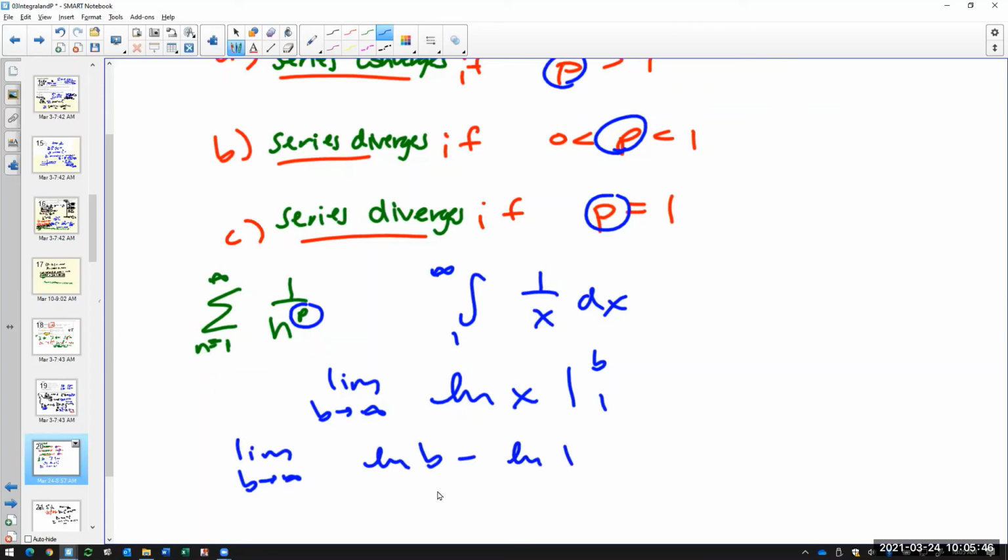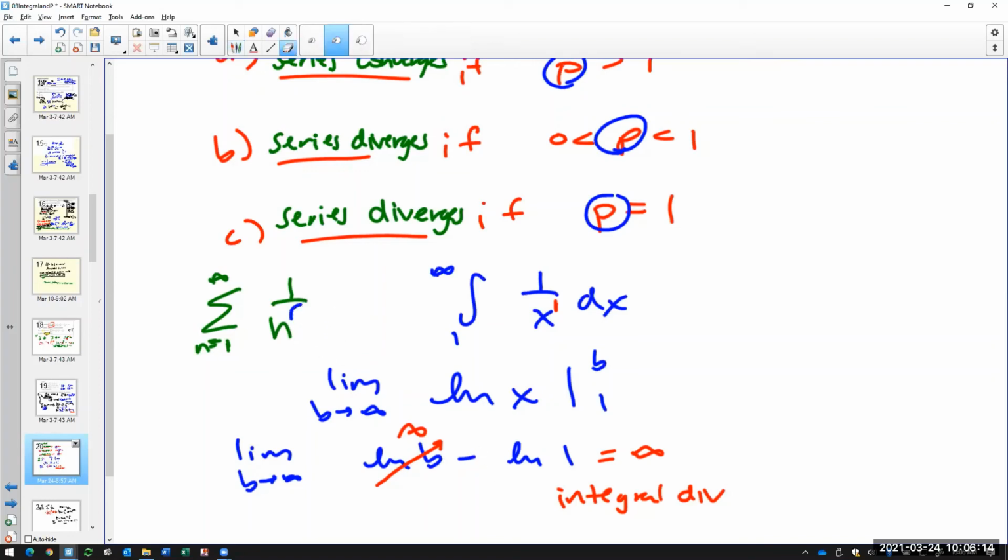If I plug in b goes to infinity, this will go to infinity, and I'll get infinity. Do you see that my integral would diverge? So anytime you have something that's 1 over n, here my p is 1, see my exponent is a 1, and you took the integral of it, you're always going to get ln of b, which will always give you something that diverges, okay?